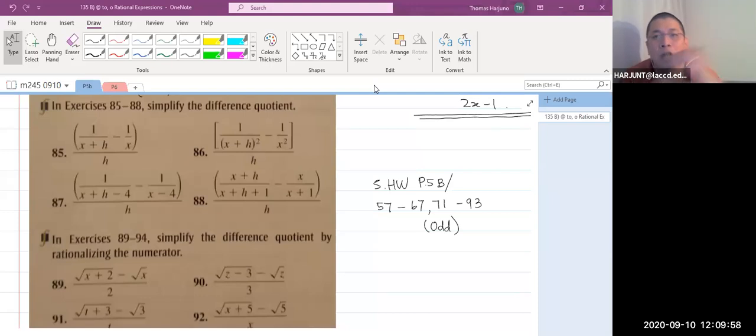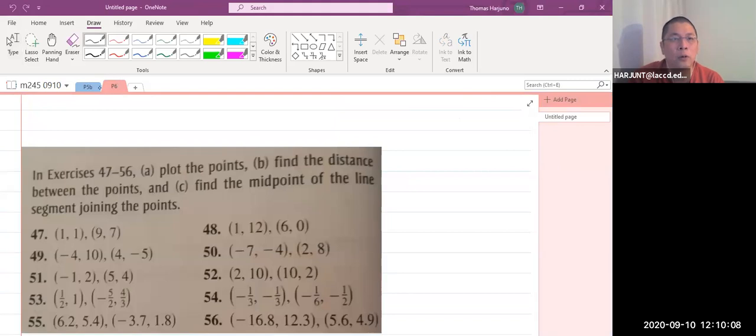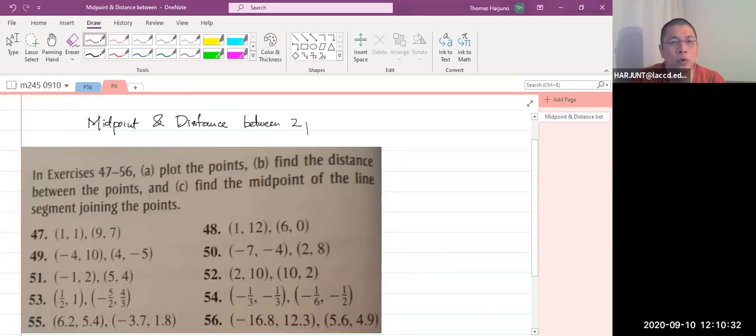Now that's for P5. P6 is something we have done before, so I will just go ahead with reminding you a little bit. This P6 is on the midpoint and distance formula between two points.